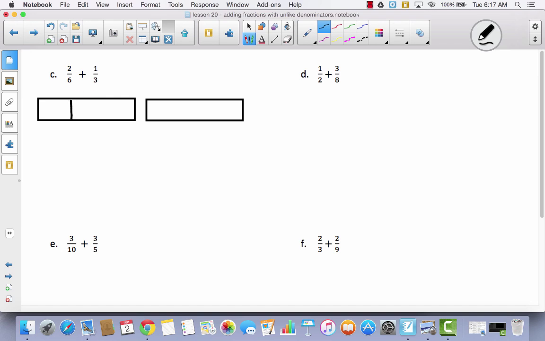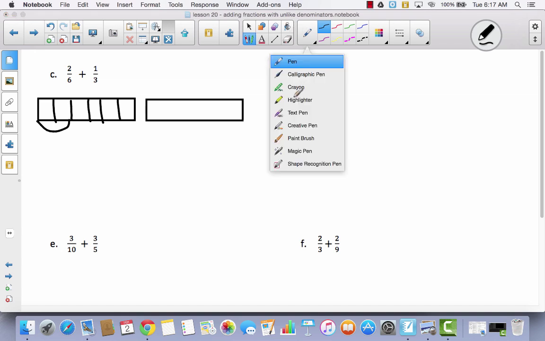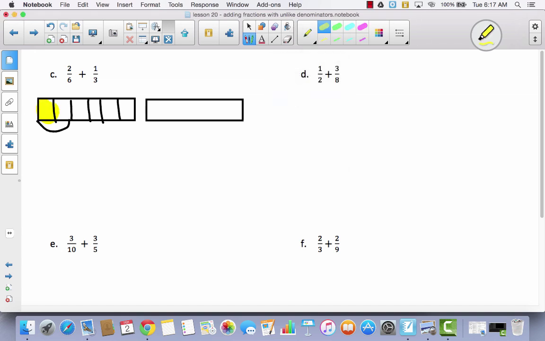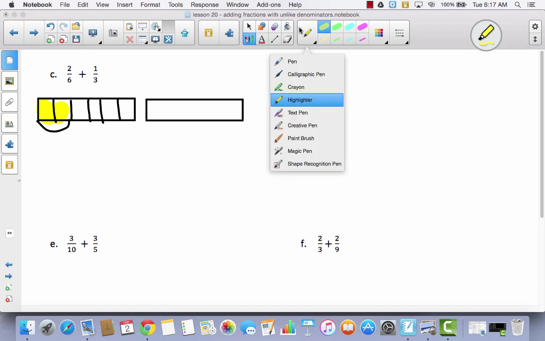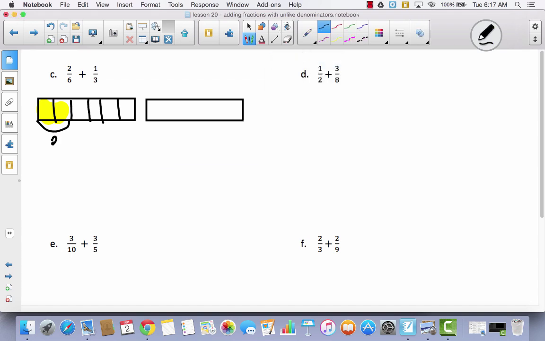So I'm going to go ahead and divide this into thirds, and then I'm going to divide the thirds in half so that I can have my sixths. All right, so this is my 2 sixths. I'm going to come back and shade those. All right, and then I'm going to take my thirds.